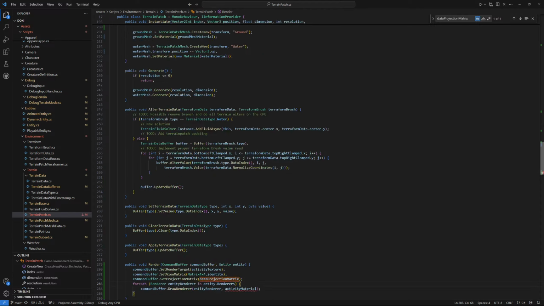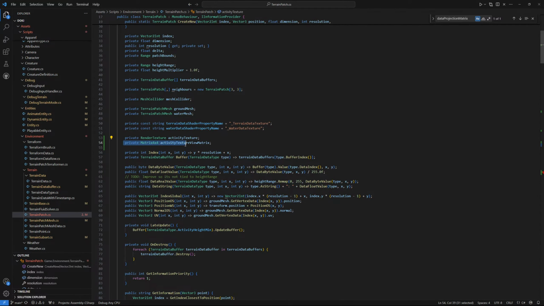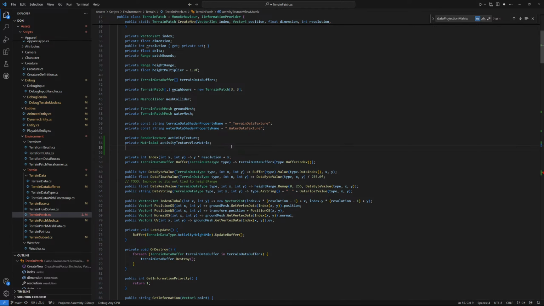Yeah, terrain patch. What do we have here? We have activity texture view matrix, private entity, list entity, activity entities.